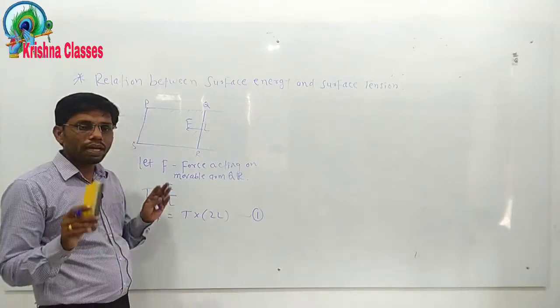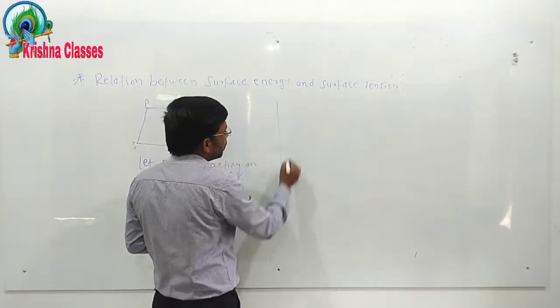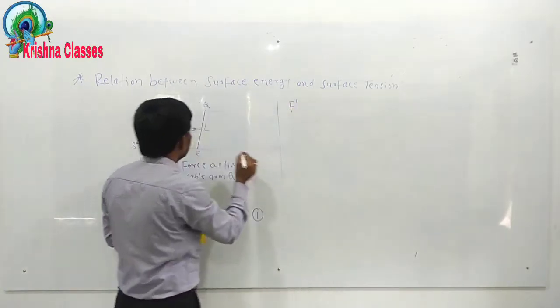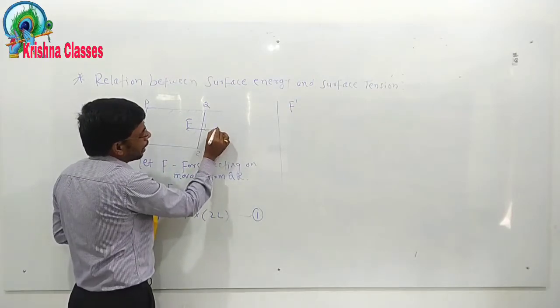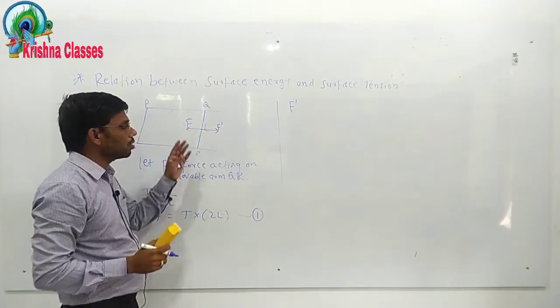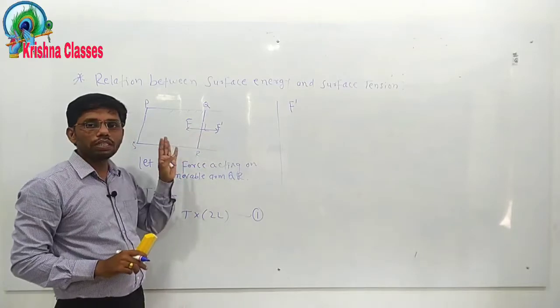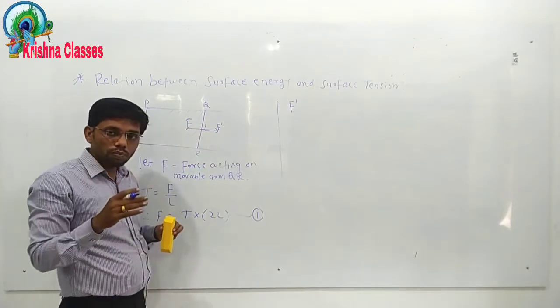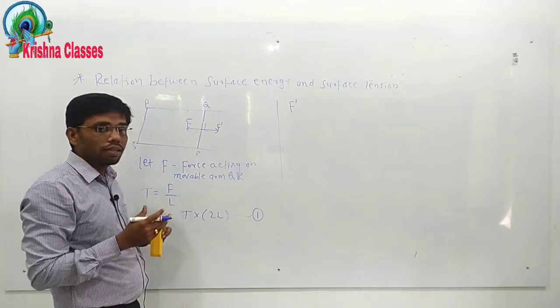Now imagine that an equal force F dash is acting on the opposite side of this force F. Because of this force F dash, what happened?